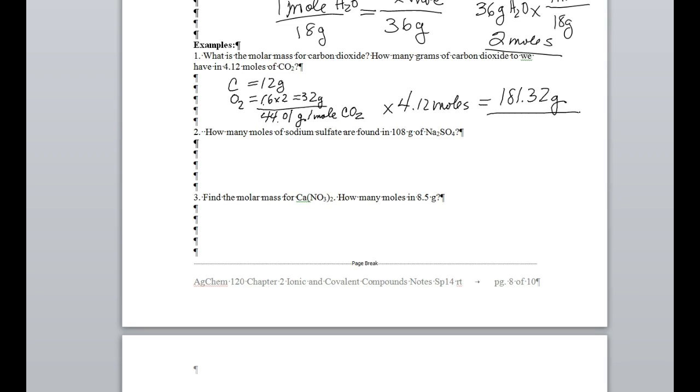So my grams cancel out, and it'll tell me how many moles I have, right? Because I get 108 over 142. Anybody done the division? 0.76 moles of Na2SO4.